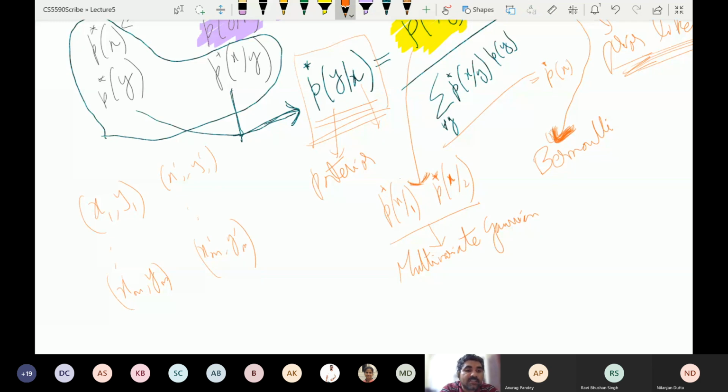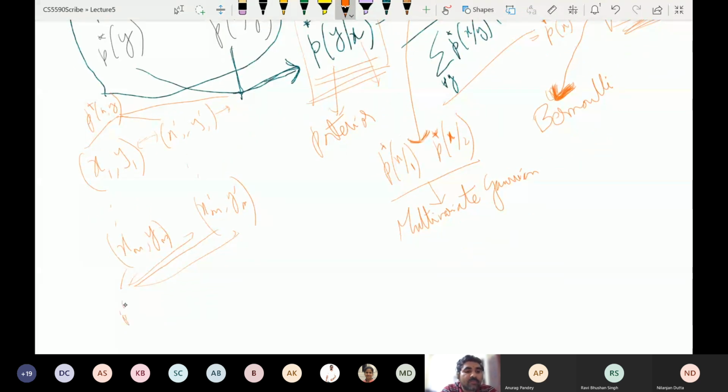Now, if I ask you, what is the distribution of all the first samples collected by each person? That will again be p star x comma y, right? And similarly, what is the distribution of all the mth samples collected by all? That will again be p star x comma y.